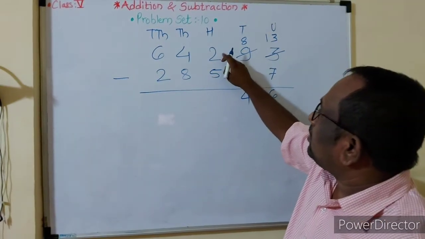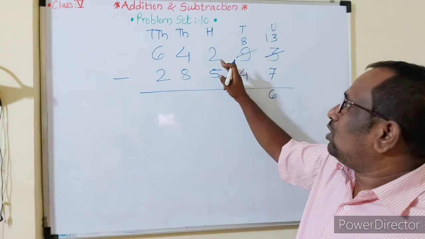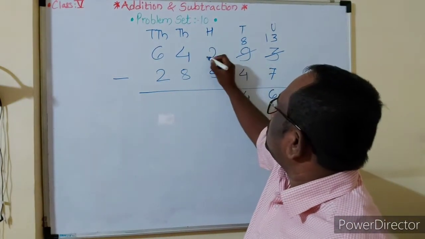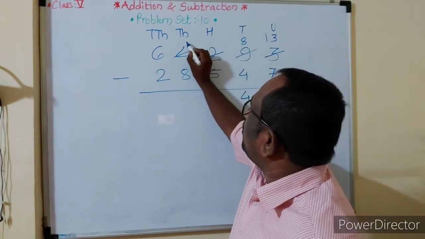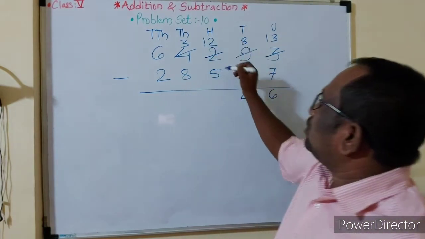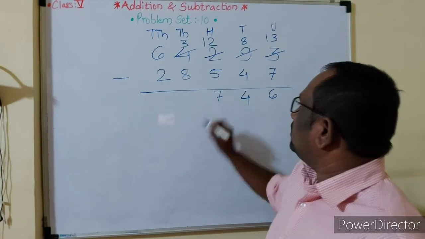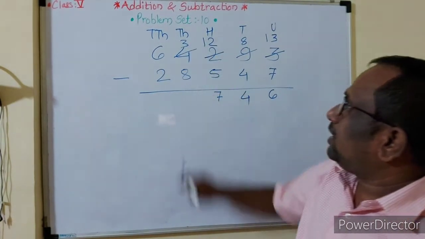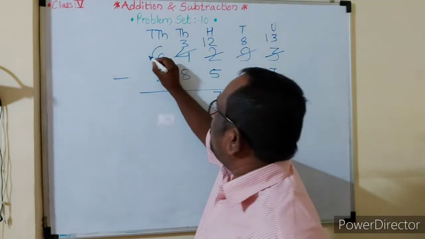Now again at the hundreds place, 2 is smaller than 5. We cannot subtract, so again we have to borrow. Cut this from the thousands place. We borrow 1, here it becomes 3. This 1 and this 2 make 12. 12 minus 5 is 7. Now again 3 minus 8 is not possible; 3 is smaller than 8, so again we have to borrow.